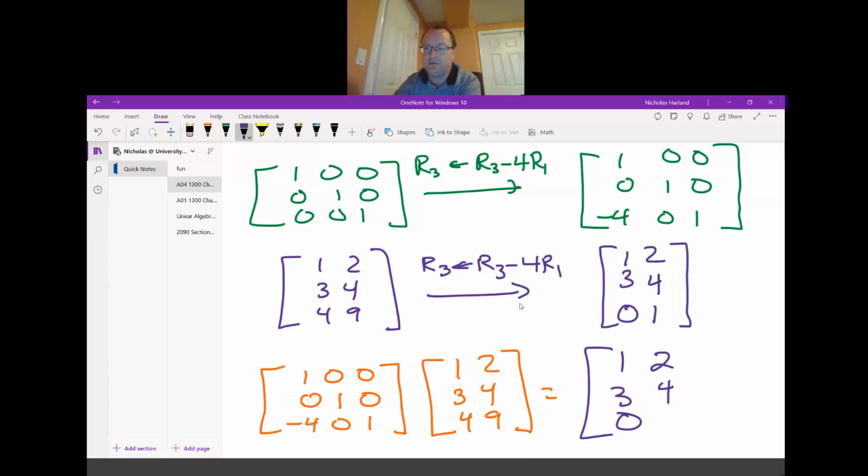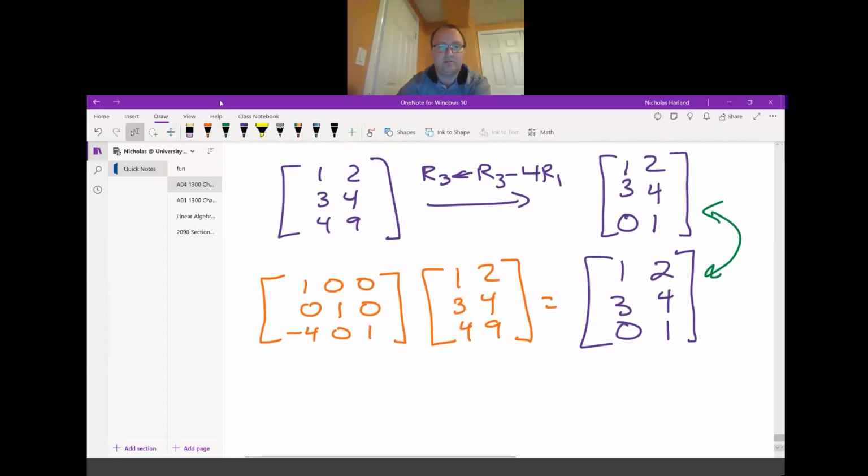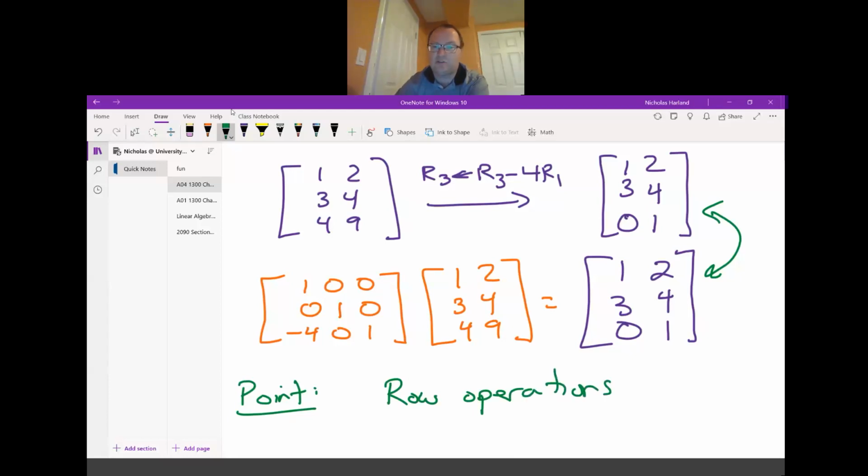And then similar, -4 times 2, and we get the exact same thing. In other words, the point is row operations and matrix multiplication are connected.